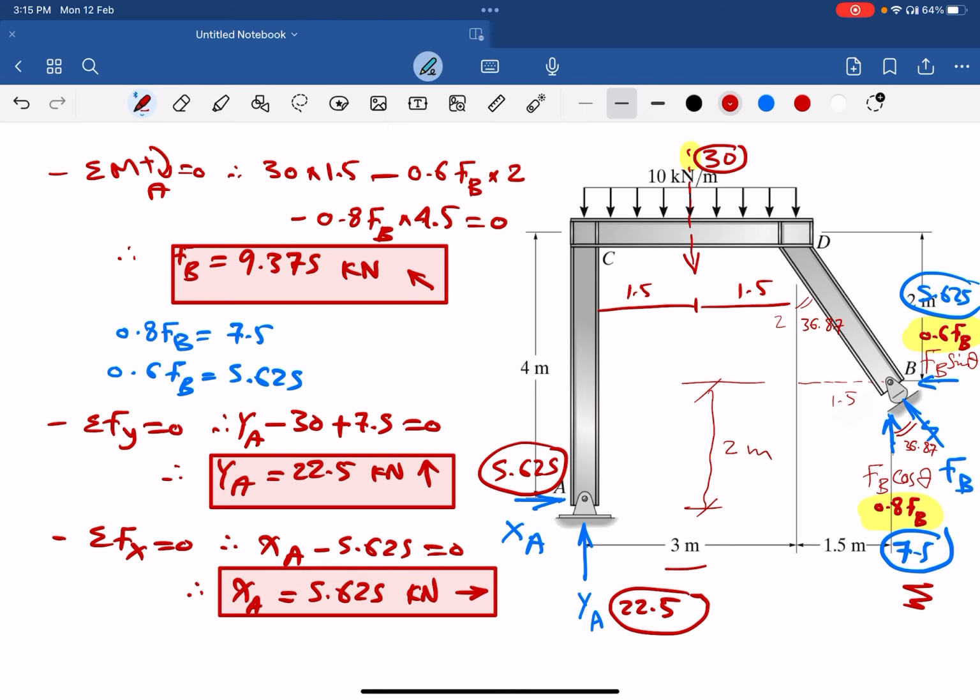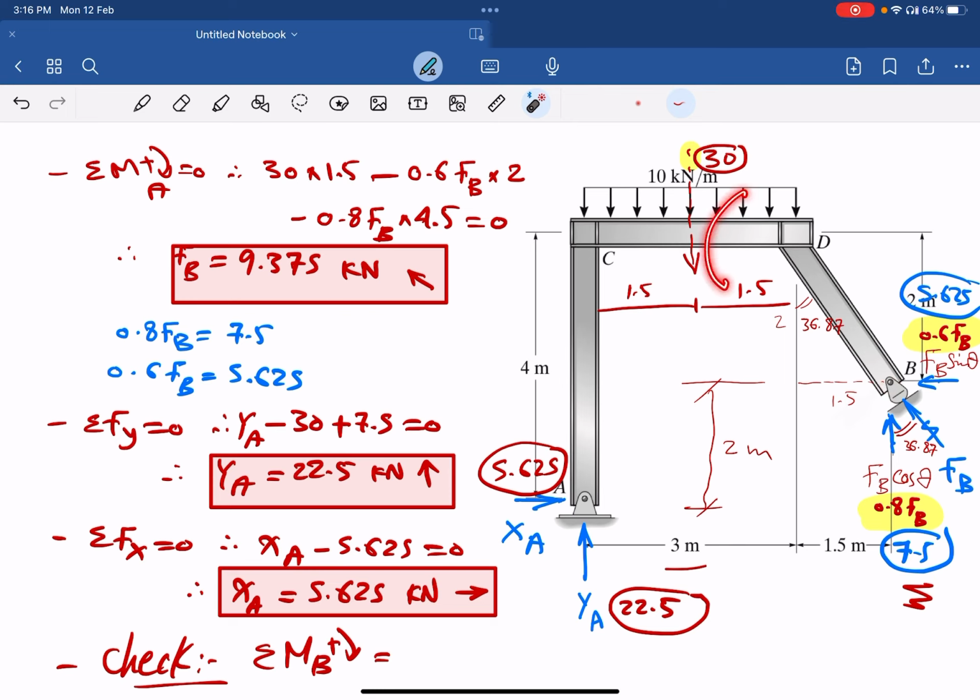Now your problem is finished, but you need to make a check. It is always important to make a check to ensure that your solution is okay. To do that, let's take a moment at B, because we never took it before, and we'll see if it is 0 or not. Taking a moment at point B, clockwise rotation will be positive, so counterclockwise will be negative. We start with minus 30 times 3 meters, the total distance of 1.5 plus 1.5.